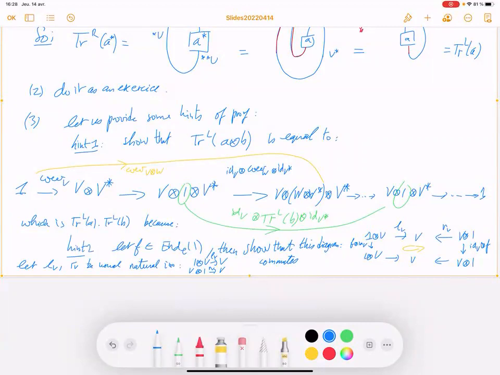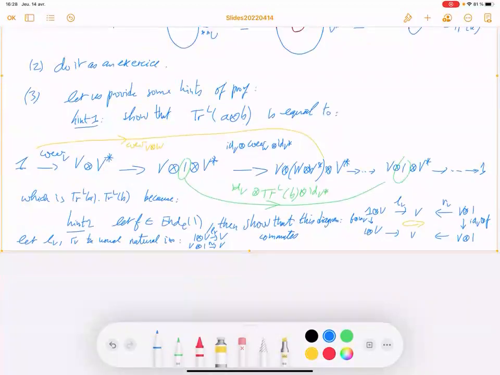You see that you can switch. Here you have V tensor 1, like here. But what we want is one tensor V in order to distinguish the left trace of B from the left trace of A. In fact, I should write it like that.